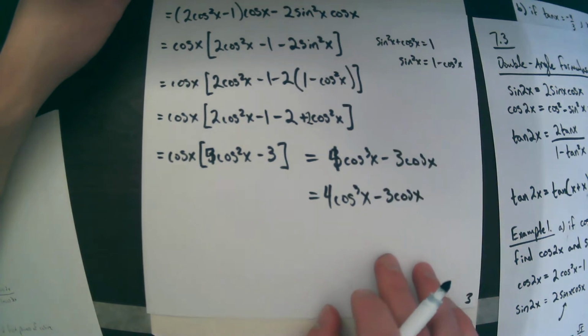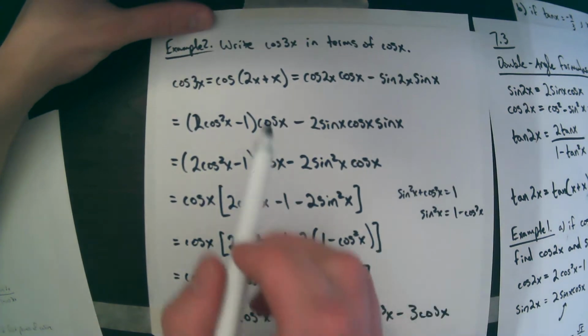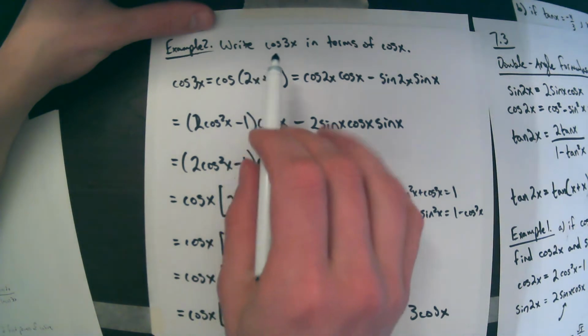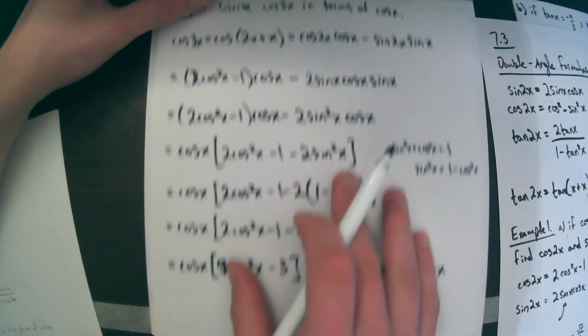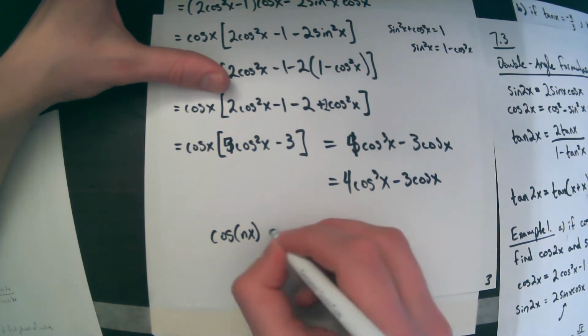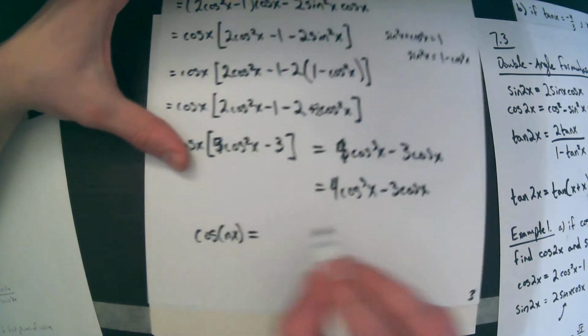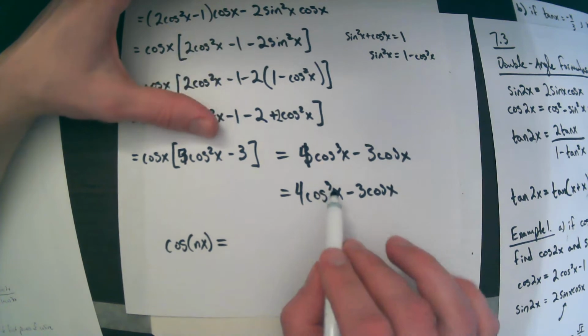And actually, cosine of some number times x, like cosine of nx, can always be written in terms of cosine with the nth power of cosine.